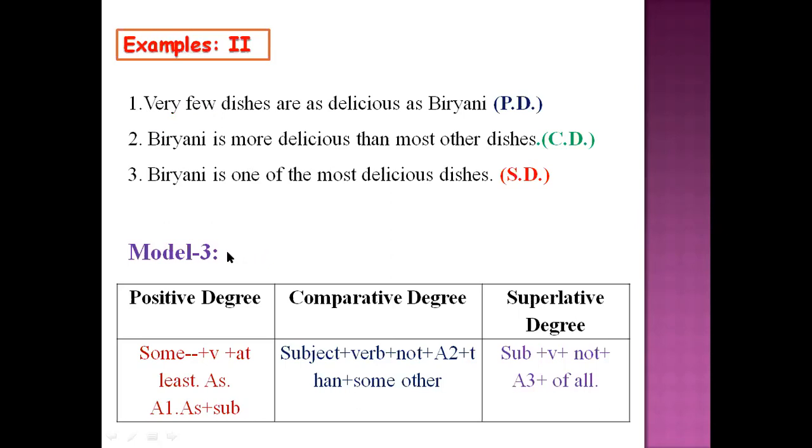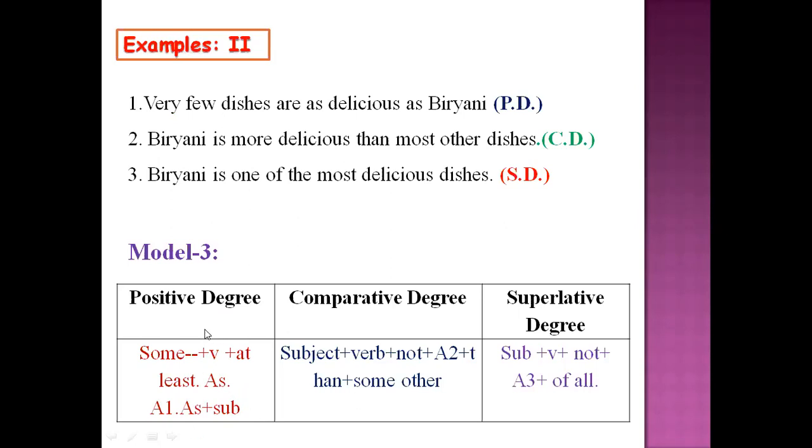Now there is model number 3 also, to understand clearly about degrees of comparison. Here also there are three degrees: positive degree, comparative degree, and superlative degree. For positive degree, the structure is: some plus verb plus at least as, and A1 means positive degree, and as plus subject.